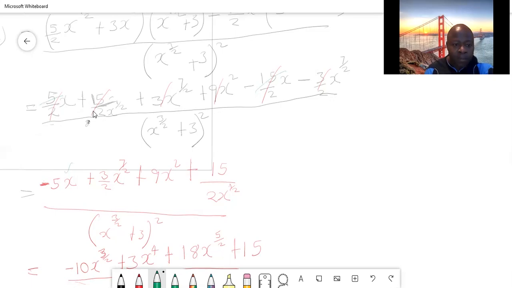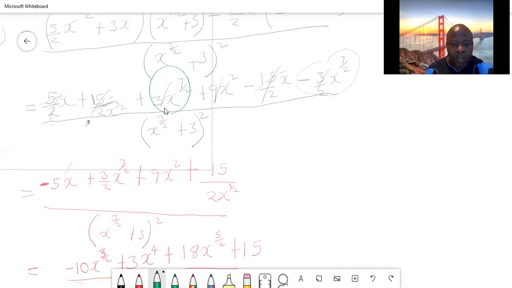Then we come to this other part, 3x raised to 7 over 2, and this one. This one is over 2, and this one is not.